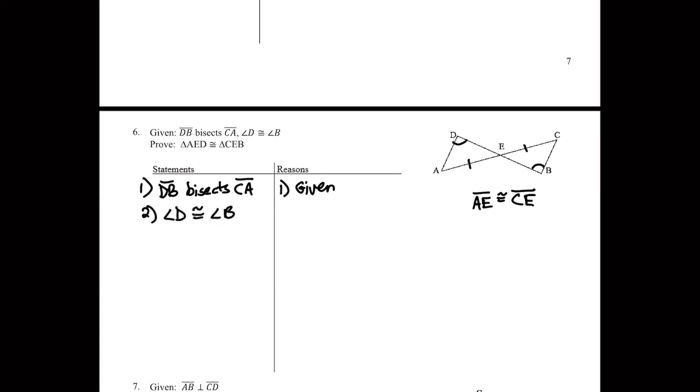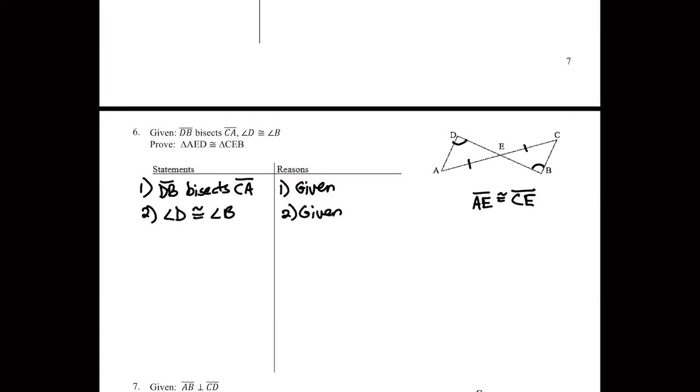Now, normally we name angles with 3 letters. This time we could get away with only 1 because there's no other possible angle that D or B could be, pun intended. So there's no confusion as to what I'm talking about when I say angle D or angle B. So I have one pair of corresponding congruent angles and one pair of corresponding congruent sides, right?